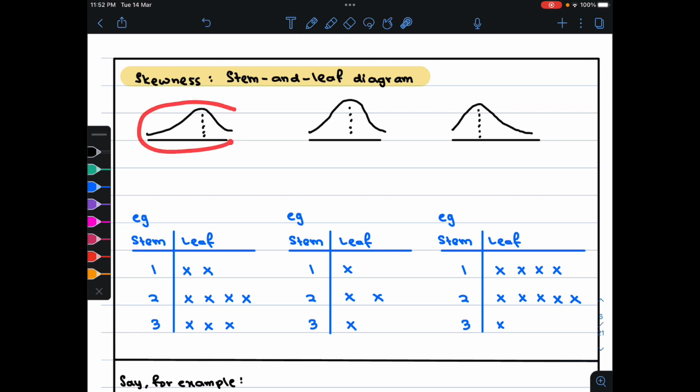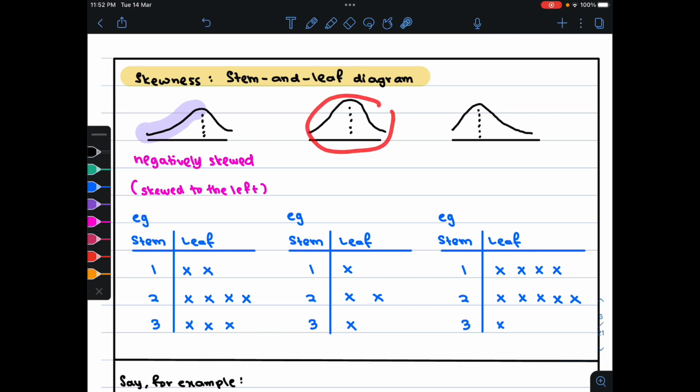So let's look at the first one right here. You can see that most of the data will be on the right hand side of the distribution. Therefore, the left tail will be longer compared to the right tail. So we will call this negatively skewed or skewed to the left. For the middle one right here, you can see that the left tail is of the same length as the right tail.